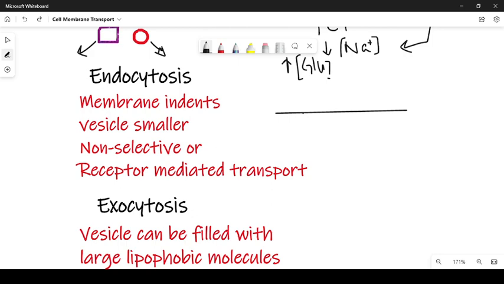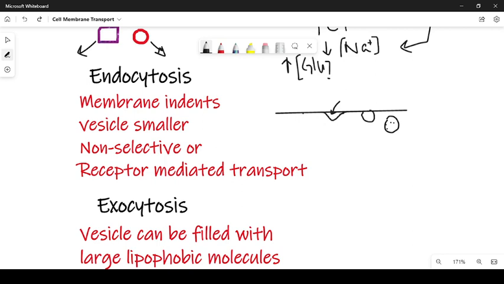Here we can talk about non-selective endocytosis. Non-selective endocytosis makes an indent and takes in a little bit of extracellular fluid and then makes a circle and makes it a vesicle. So this one is non-selective endocytosis.